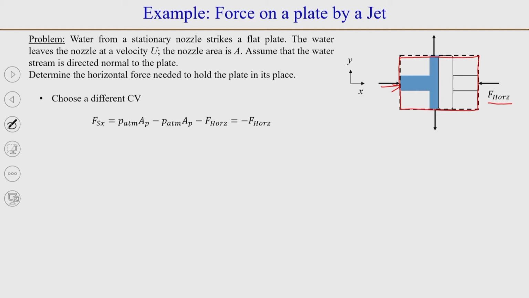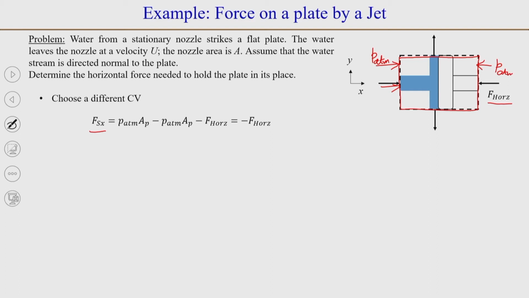First, let us look at all the surface forces, because the body force again will be negligible. So, the surface forces on the two sides. From the left side there will be atmospheric pressure P atmospheric multiplied by plate area, and from the other side also you will have P atmospheric multiplied by area.